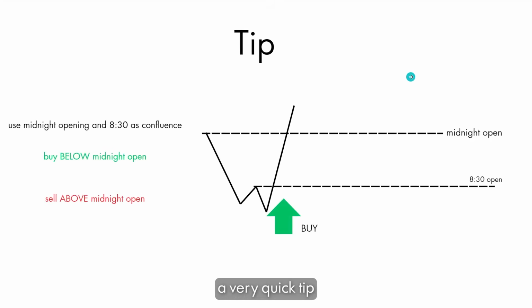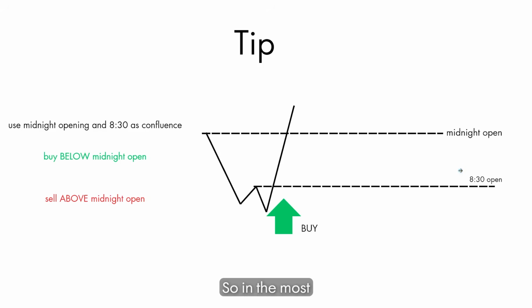Now, here is a very quick tip on how to silver line your entry models, okay? Using these two confluences, your midnight opening and your 8:30 opening, okay? In a bullish example, you want to be buying below the midnight and the 8:30 open, okay?